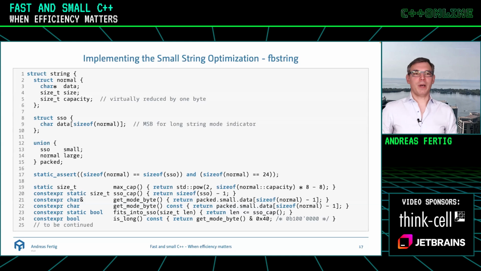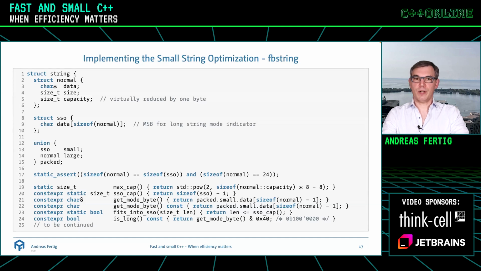They have this getModeByte function. And getModeByte here, as you can see, returns from mdata's array the most significant byte, either as value or as reference. And isLong now fetches this so-called mode byte and compares it to 0x80.